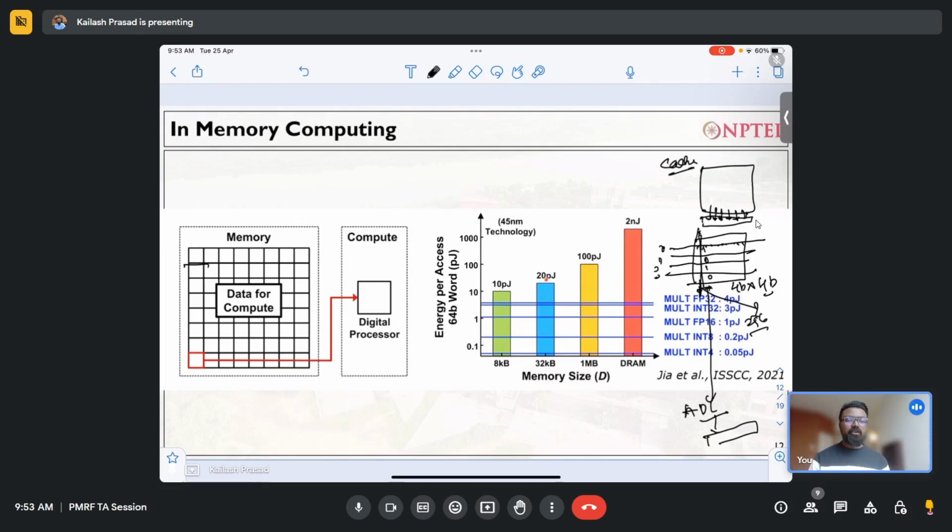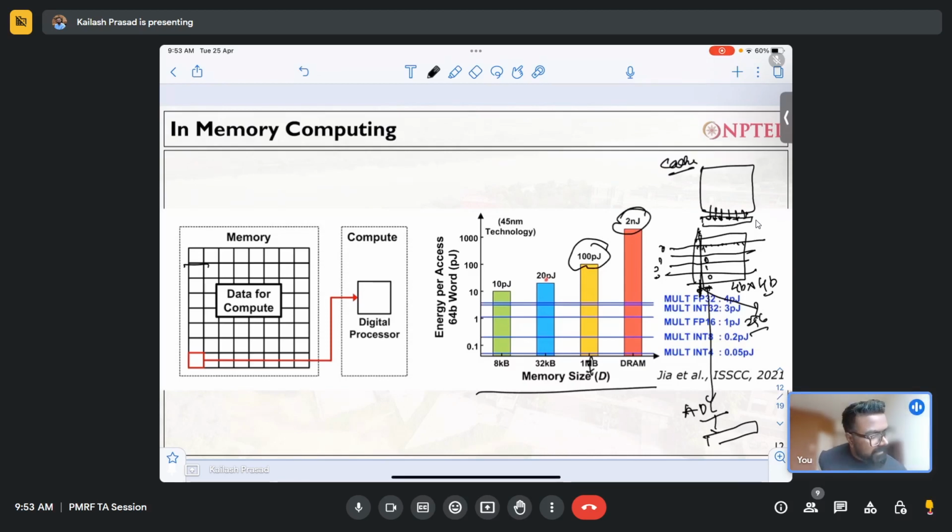If I just motivate you on why in-memory computing is required, this graph becomes extremely important. If you want to access energy from memory, it requires 100 picojoule to 2 nanojoule: 100 picojoule from cache, 2 nanojoule from DRAM.